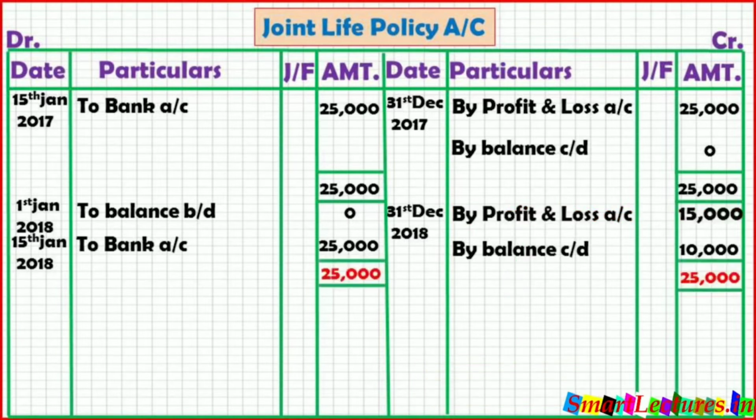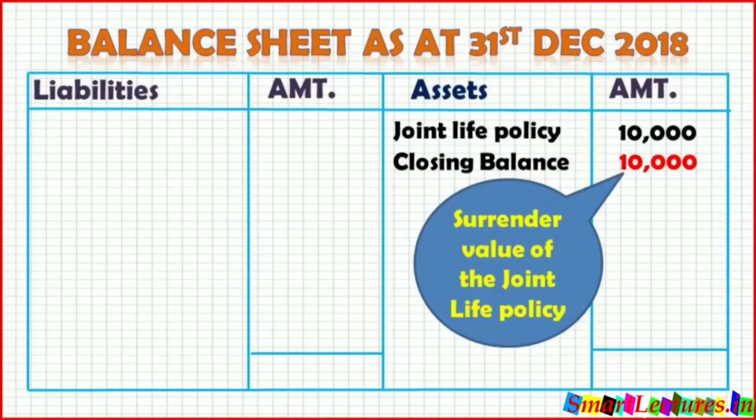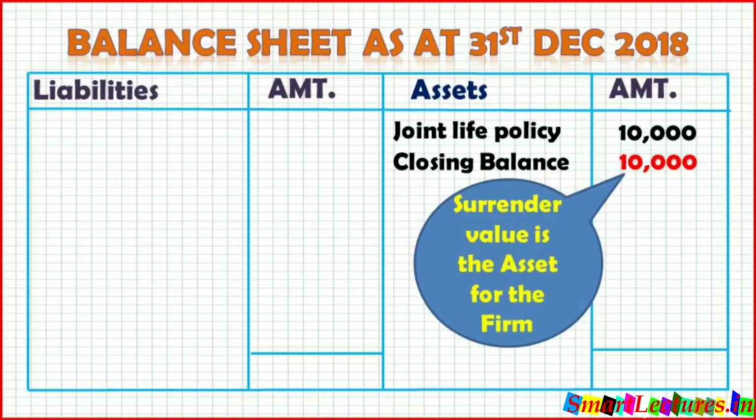Total 25,000 rupees. So you can see on 31st December 2018 the closing balance is 10,000. This closing balance will go to the balance sheet asset side as rupees 10,000. This is the surrender value of the joint life policy. This will be shown as an asset in the balance sheet because surrender value is an asset for the firm.